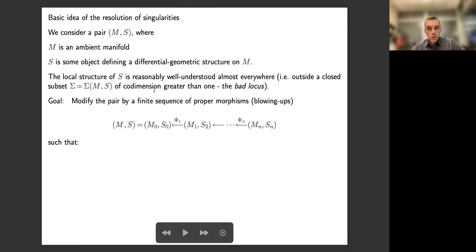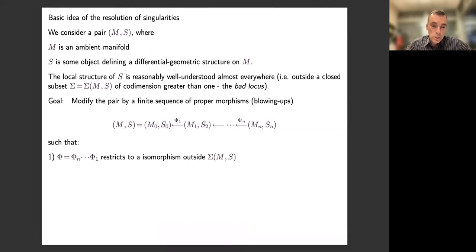So the goal of this game is to try to change the ambient pair, the manifold and this object S, by a sequence of proper morphisms, most particularly given by blowups, such that two conditions must be satisfied. We intend that the composition of all these morphisms gives an isomorphism outside the bad locus.